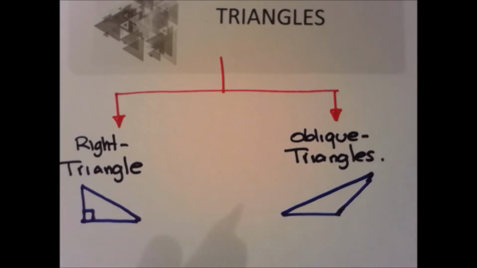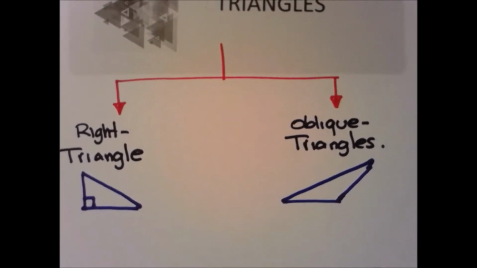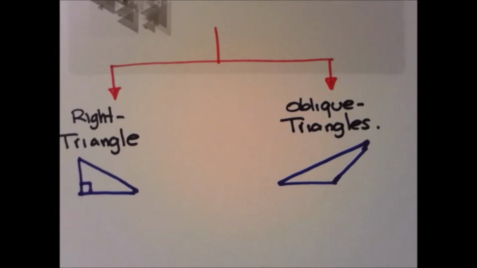Remember, this is not about the last class classification. This is absolutely different. If the triangle has a 90 degrees internal angle, it's going to be called a right triangle. But if the triangle does not have a 90 degrees internal angle, it's going to be called oblique. So we are going to divide the triangles in right and not right, or right and obliques.